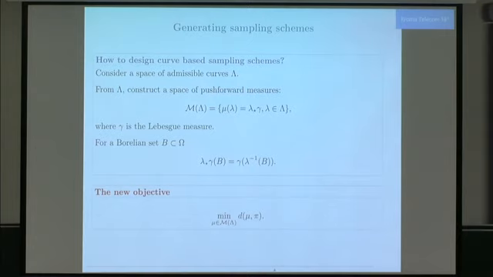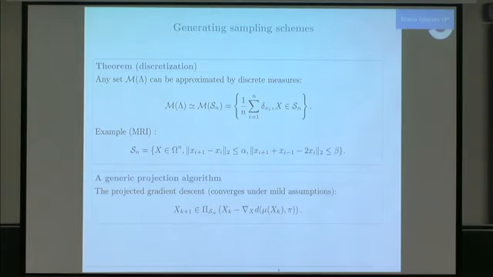And when you've defined your set of measure spaces here, well, you can express the generation of sampling patterns exactly as I did previously as a projection problem, except that now you want to make a projection over this more complicated set, M of lambda. Okay. So this one is defined through an infinite dimensional parameterization, so you need to make a discretization.